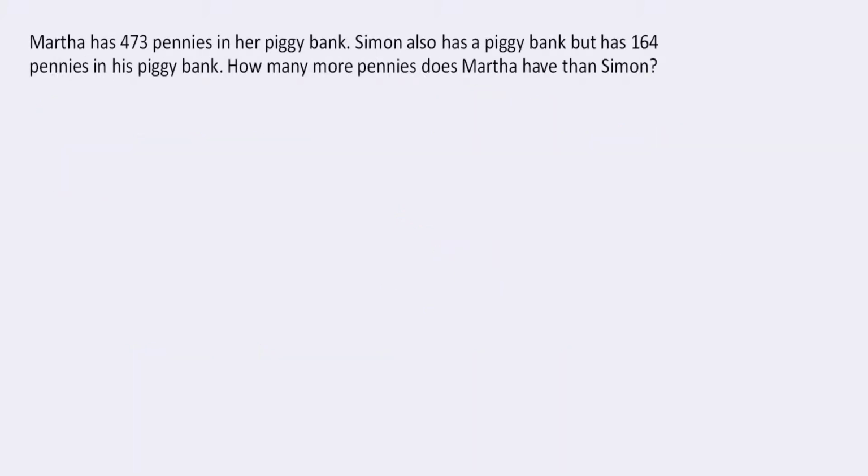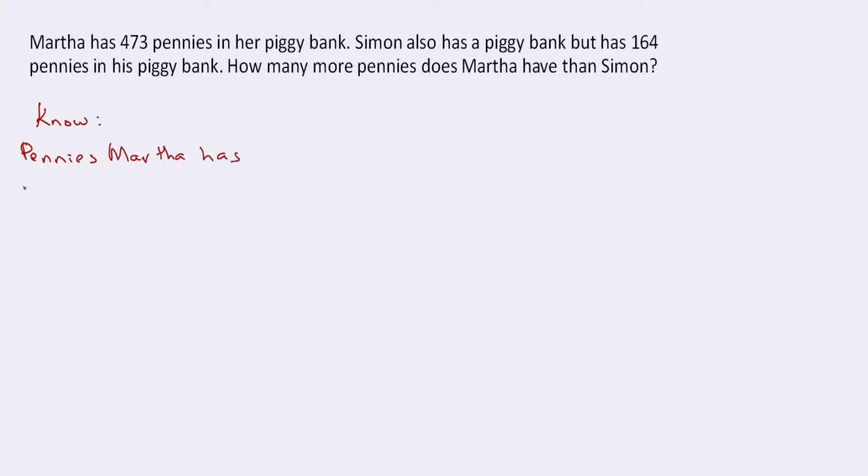Martha has 473 pennies in her piggy bank. Simon also has a piggy bank, but has 164 pennies in his. How many more pennies does Martha have than Simon? What do we know? We know the pennies Martha has.